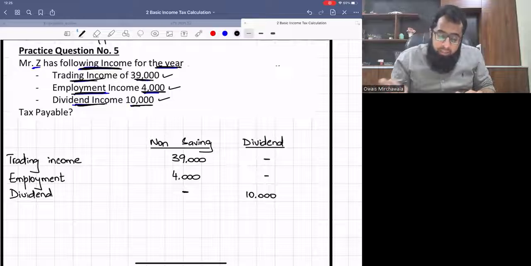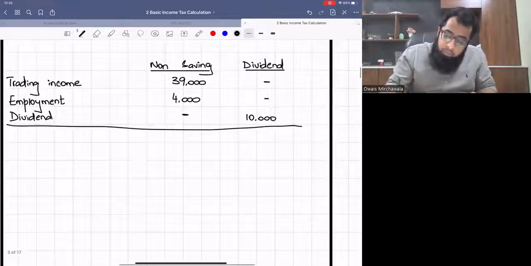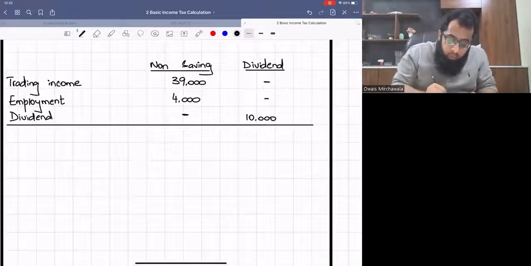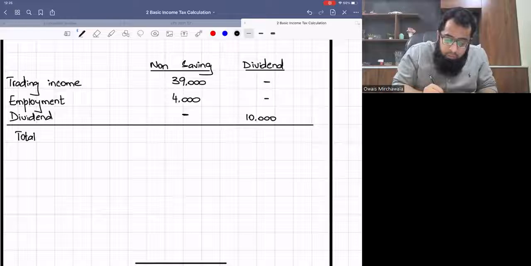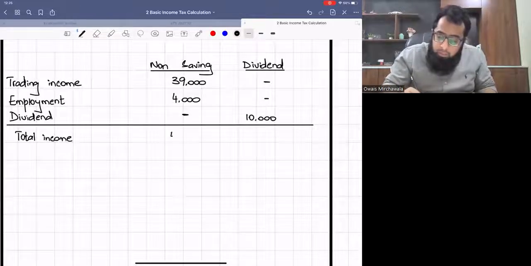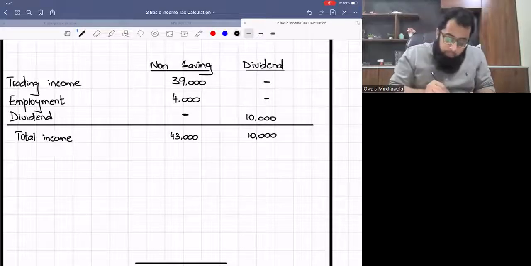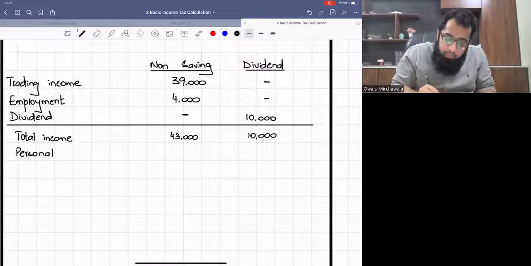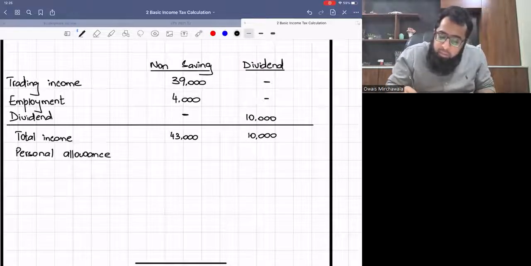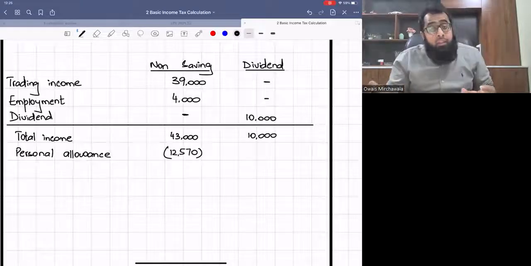Once we have classified the incomes, we arrive at the value of total income. 39 plus 4 is 43, and here it is 10,000. We will deduct the personal allowance. The personal allowance is first deducted from non-saving income because its tax rates are higher.